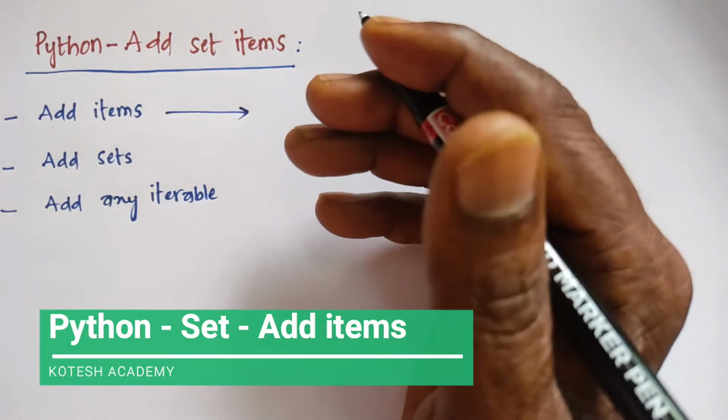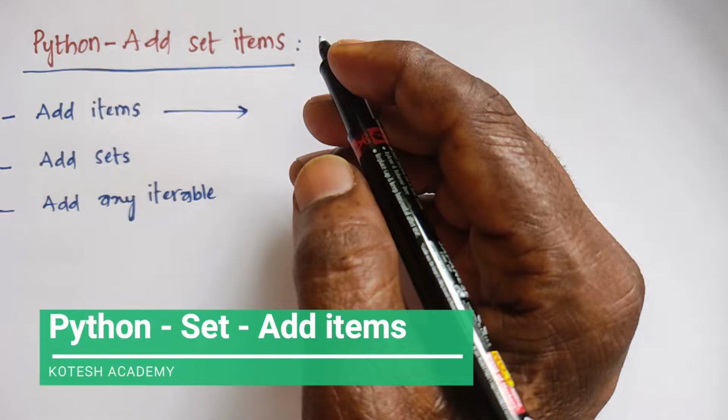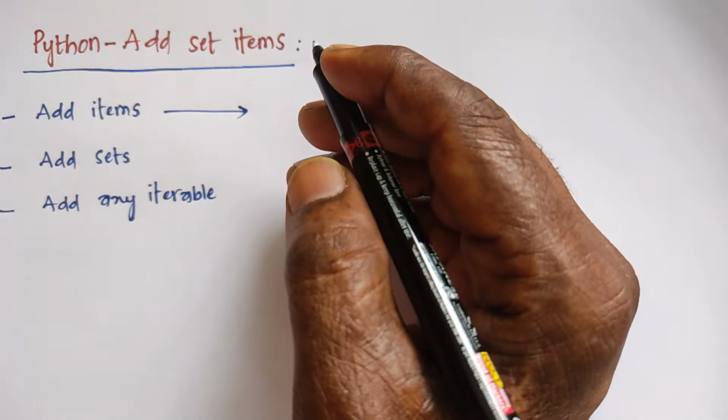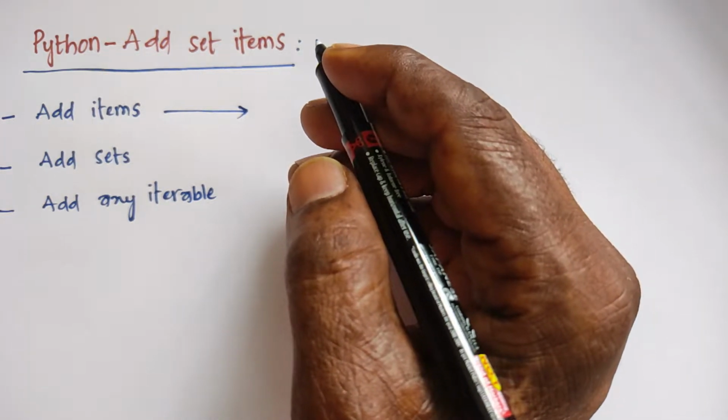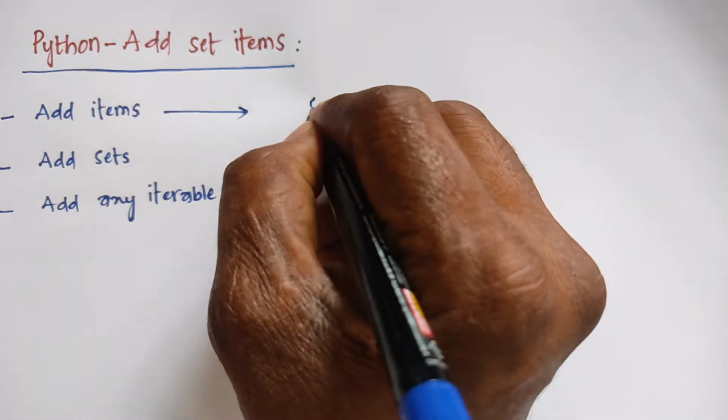In the previous lecture we discussed that once a set is created, you can't change its items, but you can add new items.